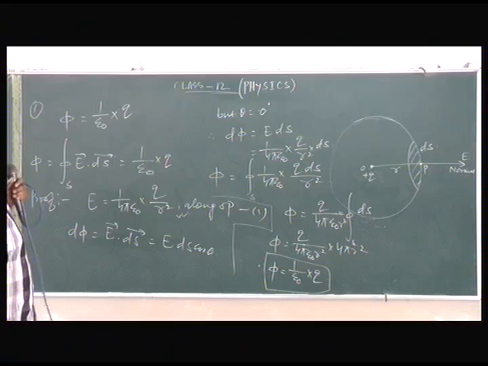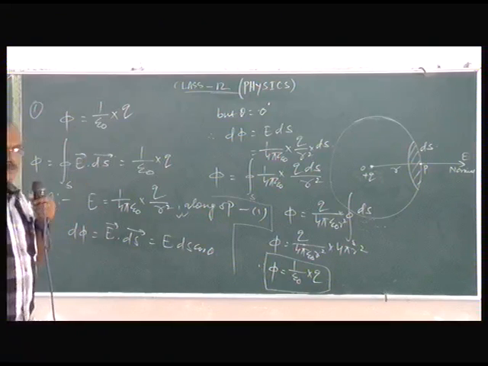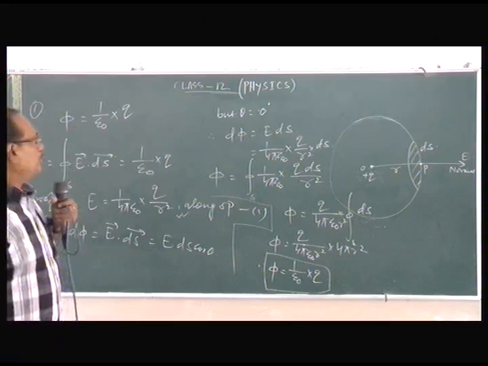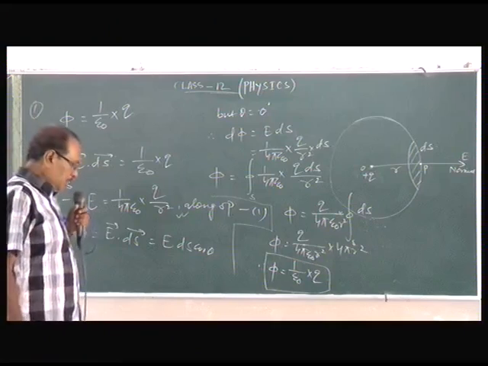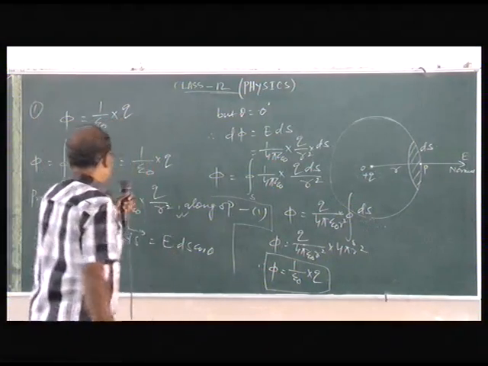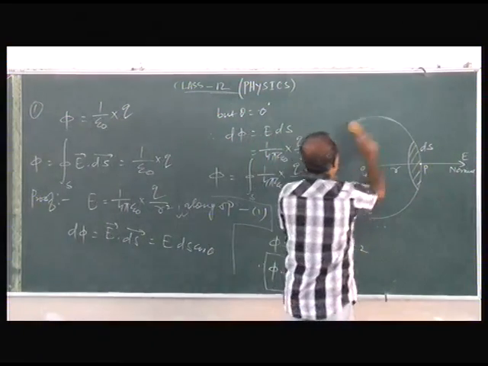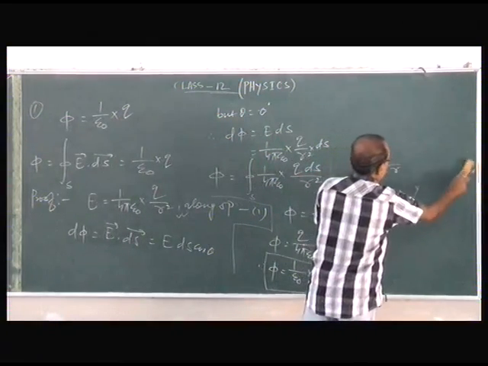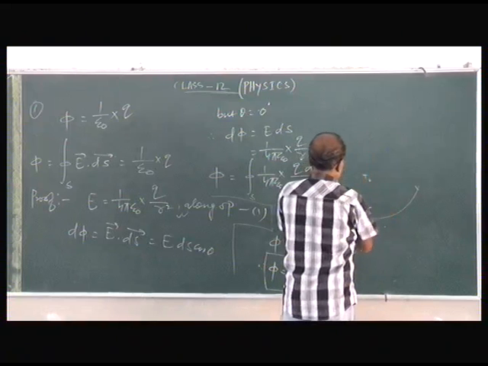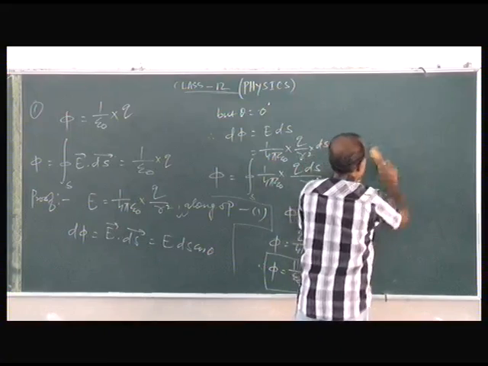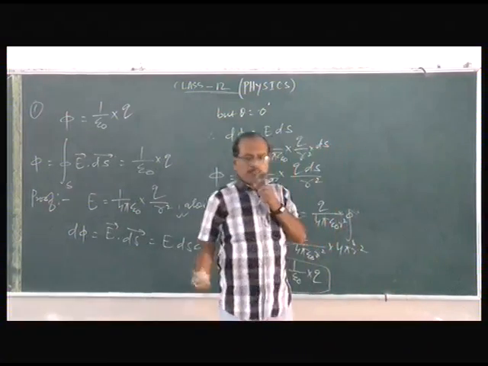Now, second one, for irregular surfaces, for a closed surface of any shape. If the question is asking you to derive or state and prove Gauss's theorem, then you can write any one.